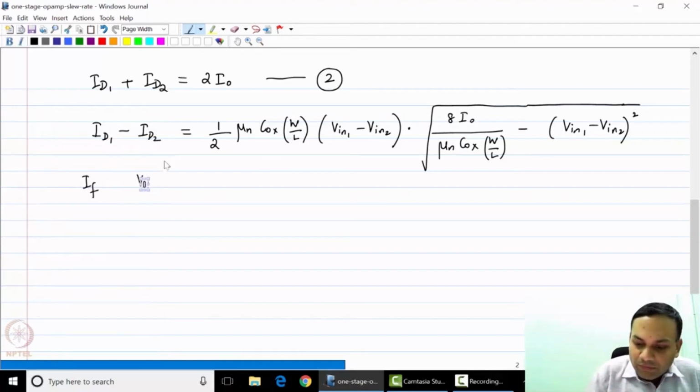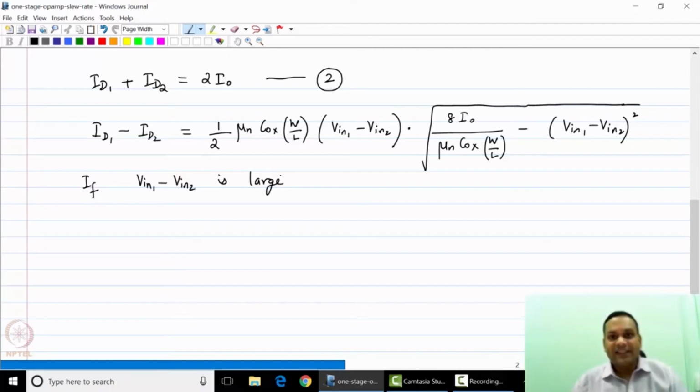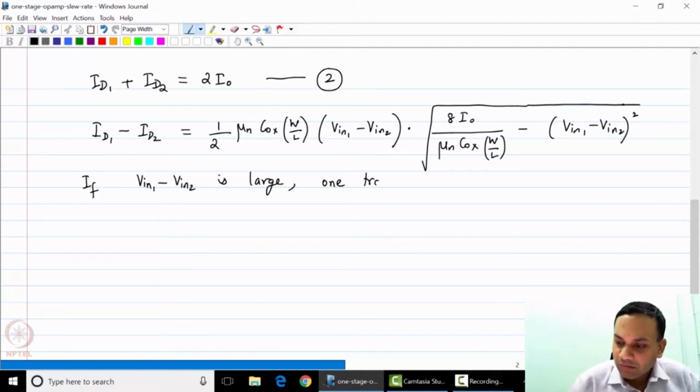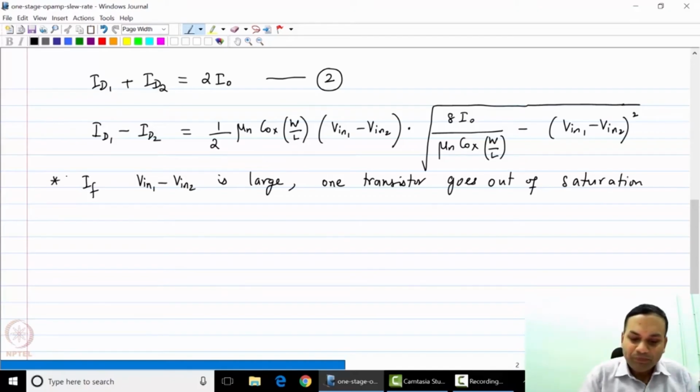If V in 1 minus V in 2 is large, one current starts decreasing, the other current starts increasing, because clearly ID1 minus ID2 is finite. So one goes out of saturation. This is something to keep in mind.